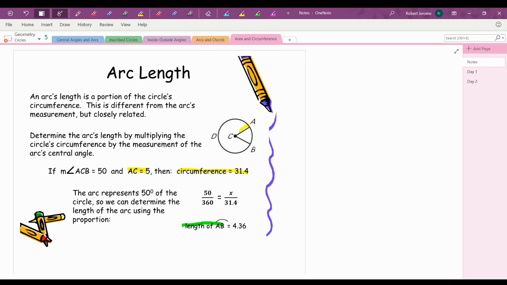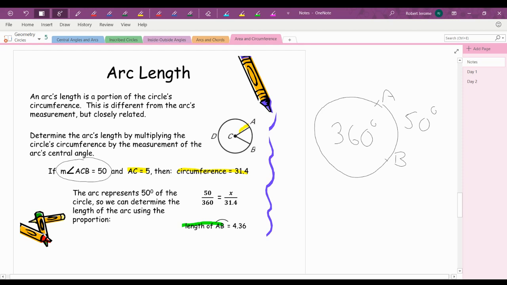Well, think about it like this. The full circle, the whole circle, is 360 degrees. But we're only going to go from A to B. So in this question, we're only going 50 degrees.